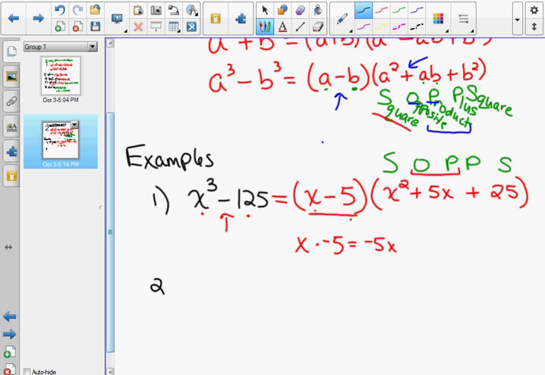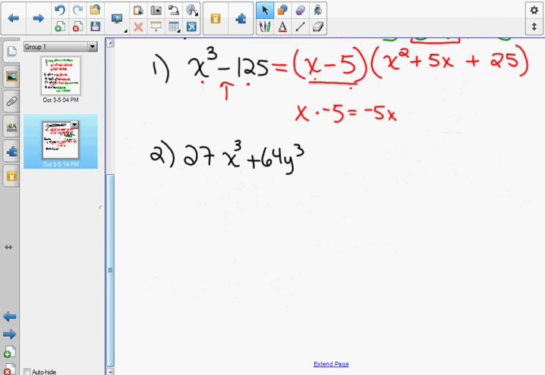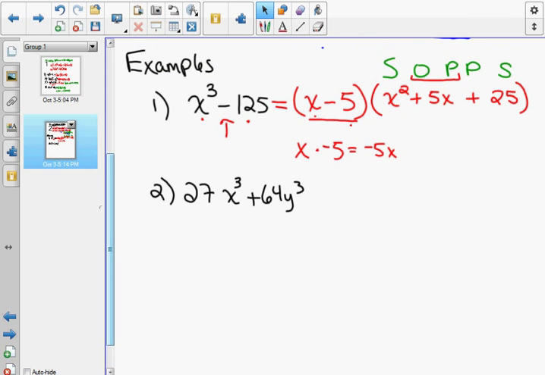So let's take a look at a second example, and that's going to be 27x cubed plus 64y cubed. Already, I'm sure you're looking at this thinking it looks extra complicated, and you're correct, but I do think sometimes looking at a more complicated example will, in the long run, help you better understand what the SOPs is telling you.